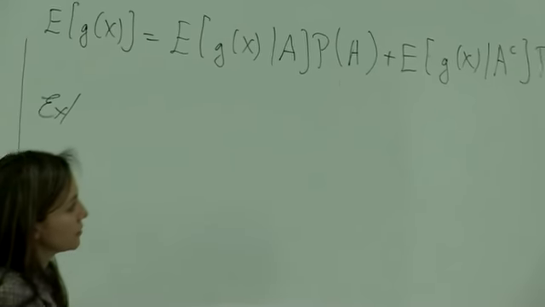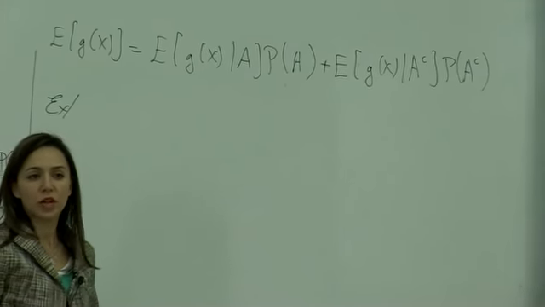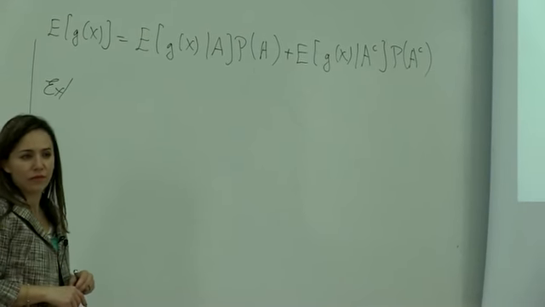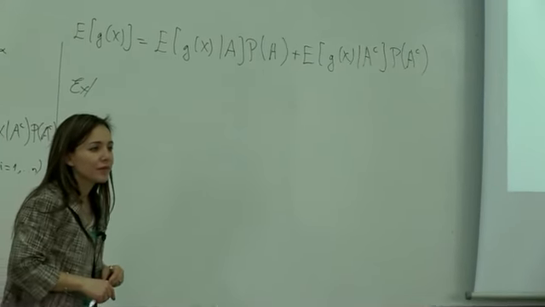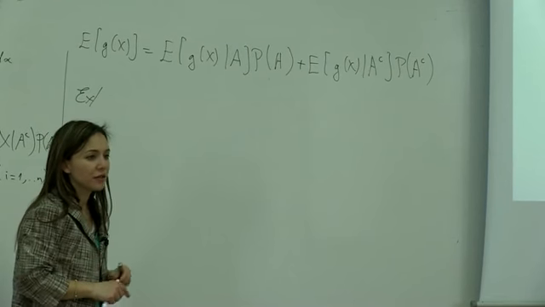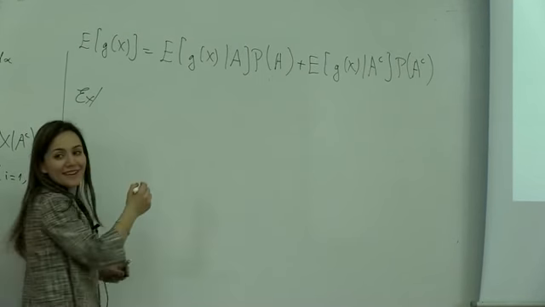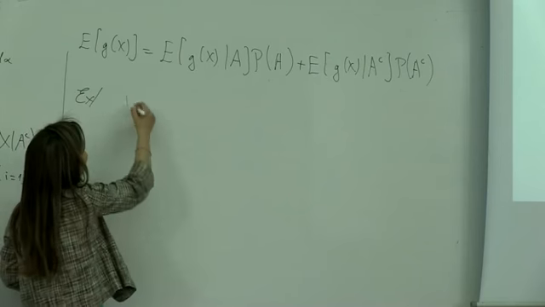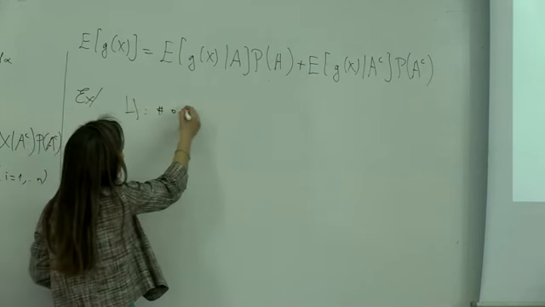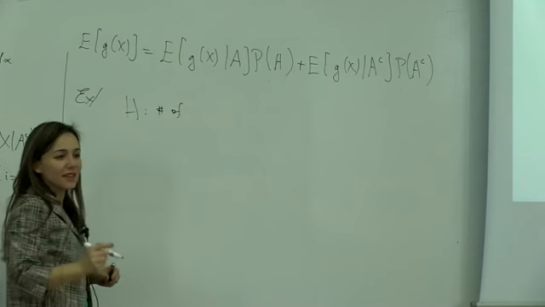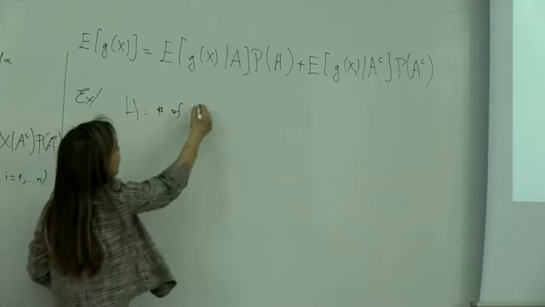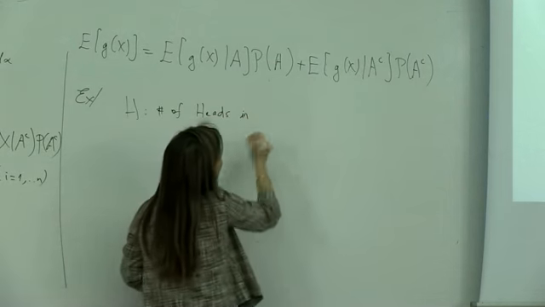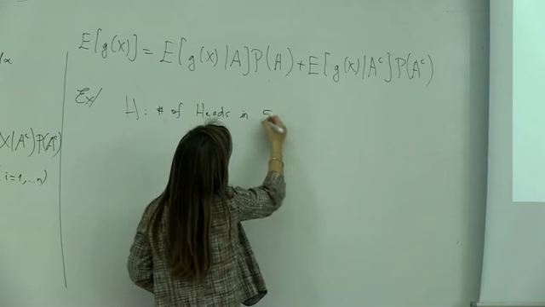Let's call that, what shall we name it? H? Okay. Let H be the number of heads in 5 tosses.